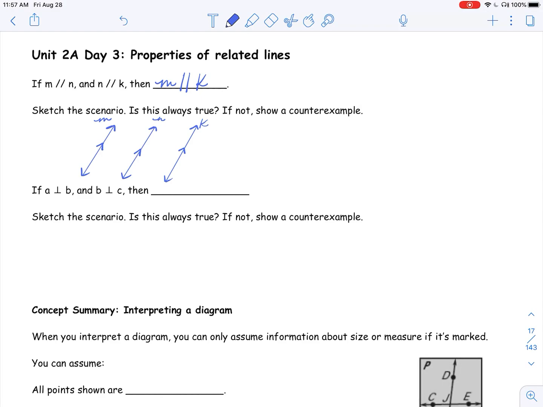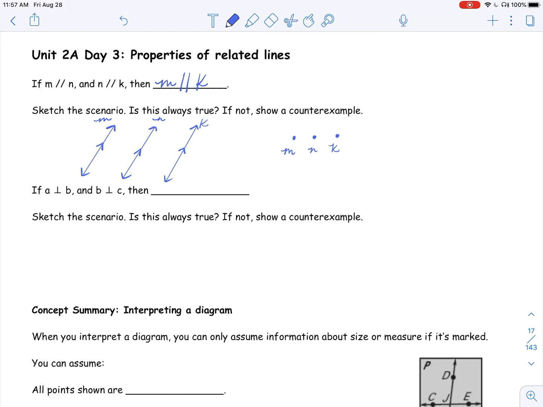So one of the things I'm going to try to draw out here to the side is kind of a side view. Okay, so if all of these lines are coplanar, then I have M, N, and K. What happens if I take one of those lines and move it off of the plane?